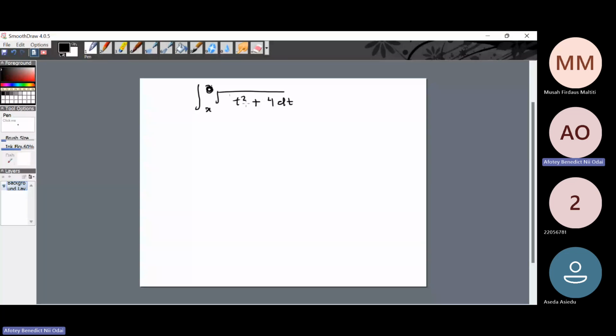Okay, now let's see. So now we swapped our x and our 0. Okay, let's use the same steps that we used before. Now let f of t be equal to the inner function, the square root of t squared plus 4 t.